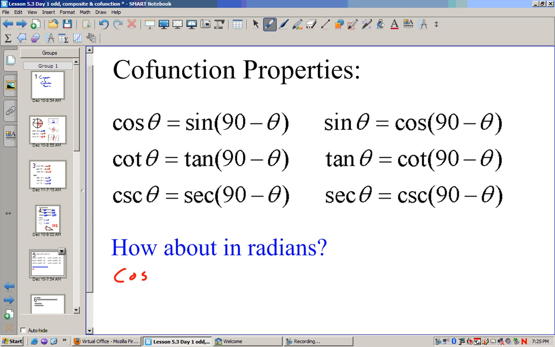I could say cosine of theta is equal to the sine of pi over 2 minus x, and then I could put a pi over 2 for each of those and make it look like there's 6 different equations, so 12 in all. But as long as you know these three, and you can flip-flop your sines and cosines, tangent, cotangent, secant, cosecant, these three are all you pretty much have to know.